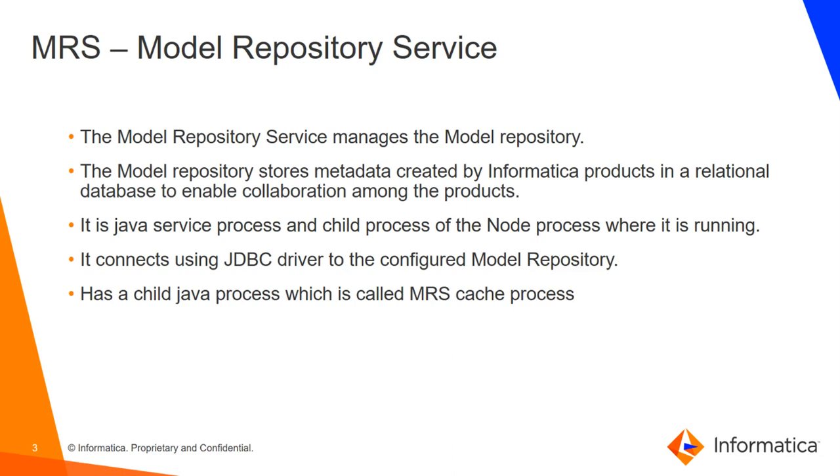So let us now have a walkthrough of how we find the MRS process, and how we find its PID and a few details about it. Okay, so this is my server where Informatica is running. Let us, for example, find out what the PID of the MRS is right now.